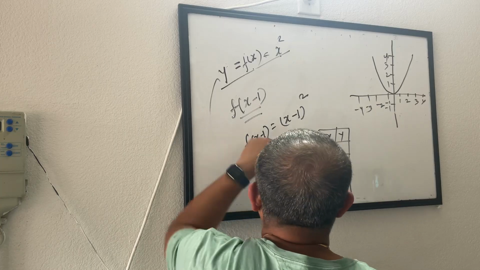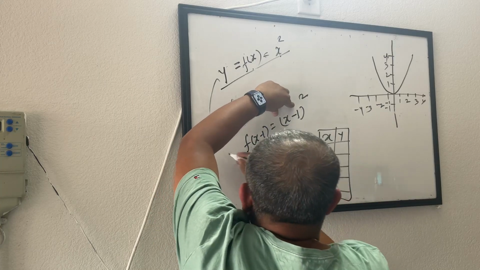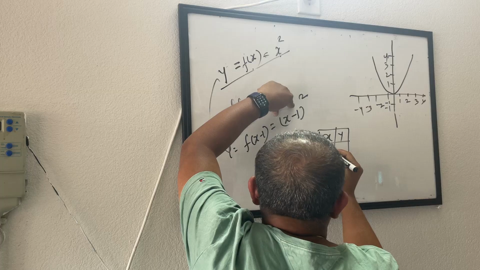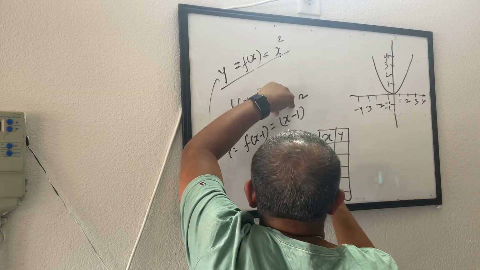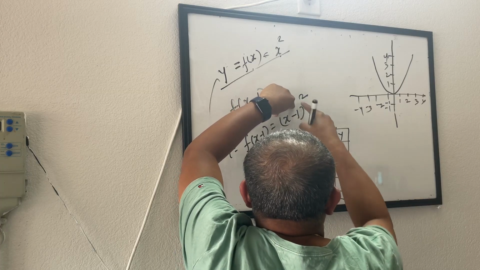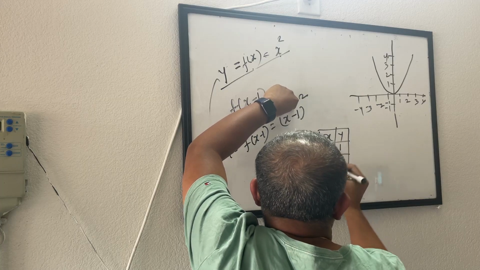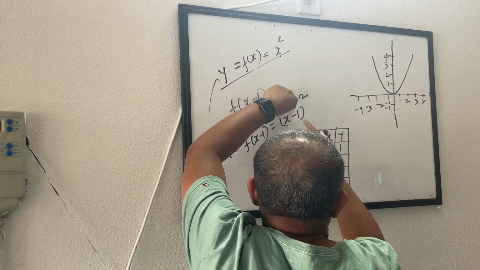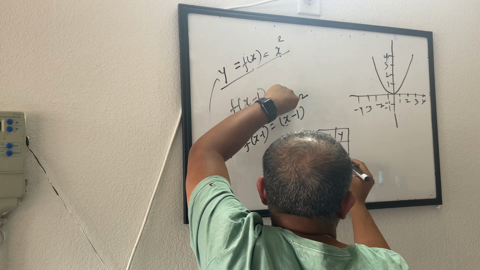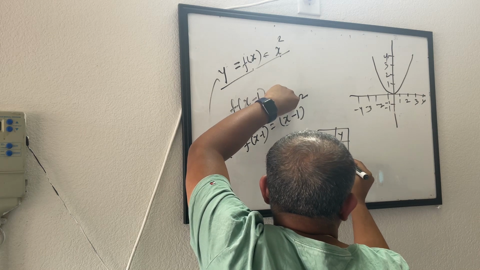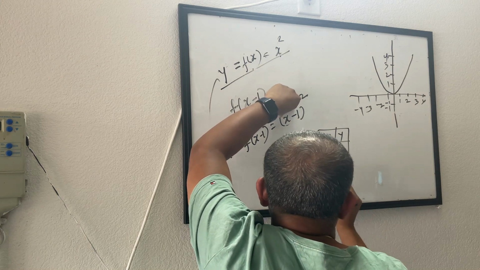When x is 0, 0 minus 1, 1 squared. When x is 1, this became 0.